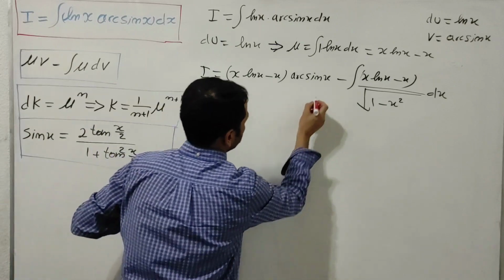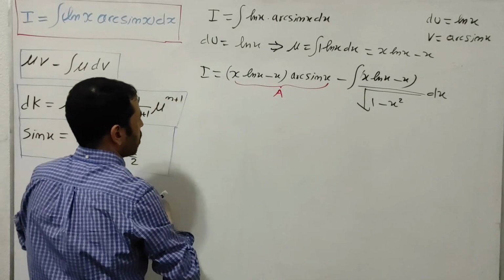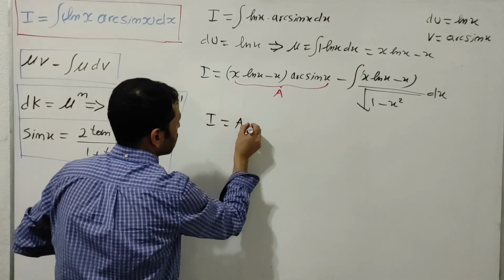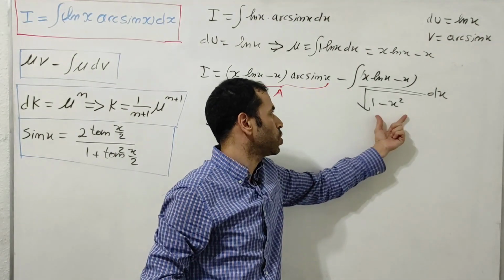So I'm going to call this one capital A. So we'll have the integral I equals capital A minus. Now I'm going to split this integral into two integrals.